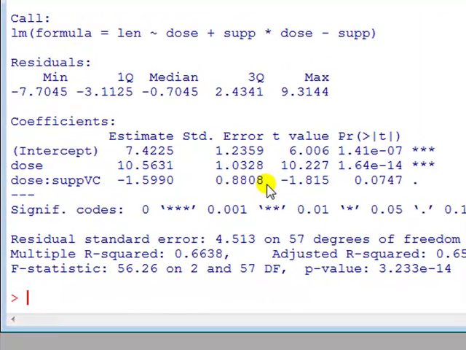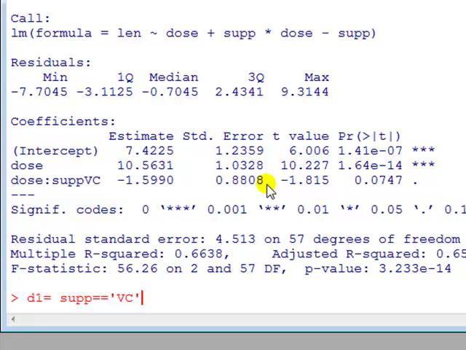I generate a dummy, so let's call it D1, equal to, and now I set a logical command: sup equals VC. This is saying that D1 will be set to 1 if for that particular observation the sup is equal to VC.